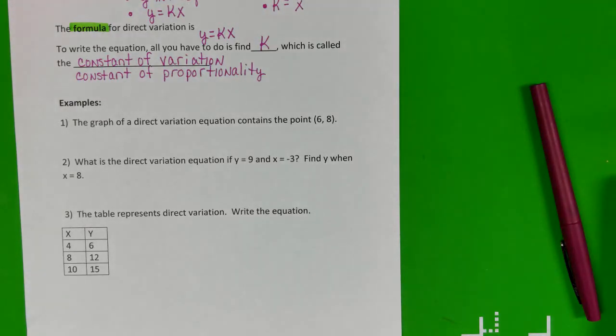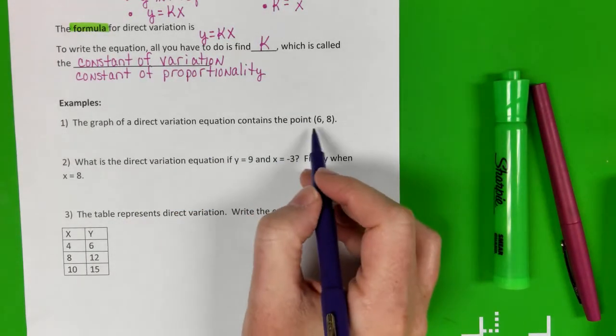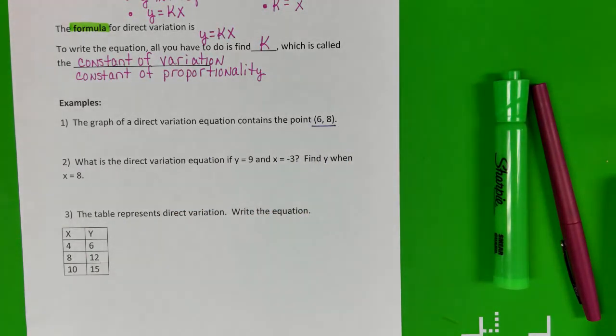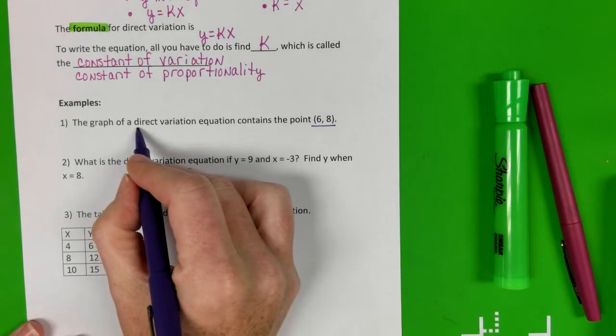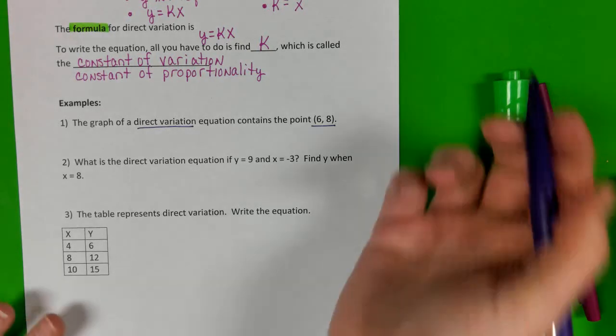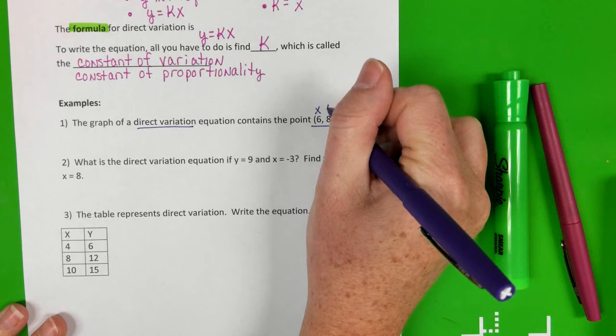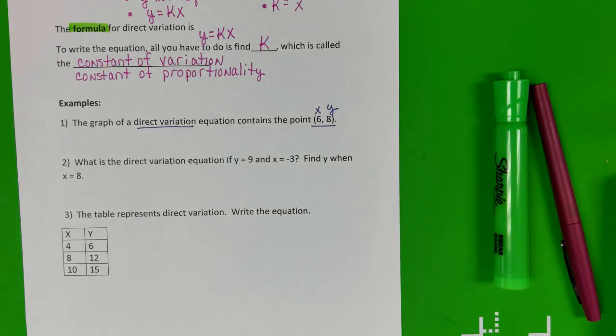Okay, so let's look at some examples of how to write this equation. The graph of a direct variation equation contains the point (6, 8). I am telling you that this point is part of a direct variation graph. So we know that 6 is our x and 8 is our y, right? Two ways that we've learned to do this.